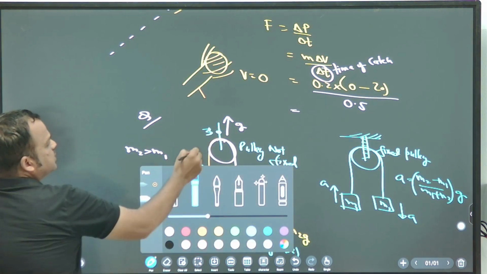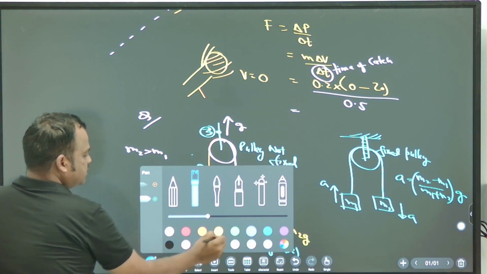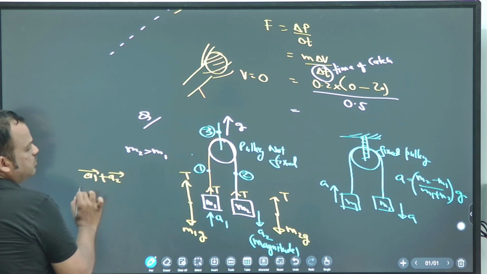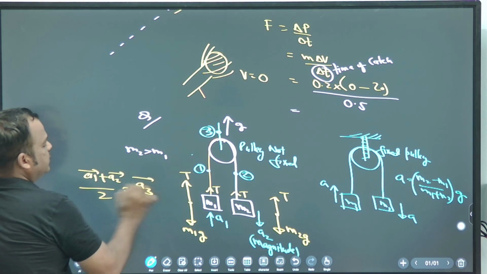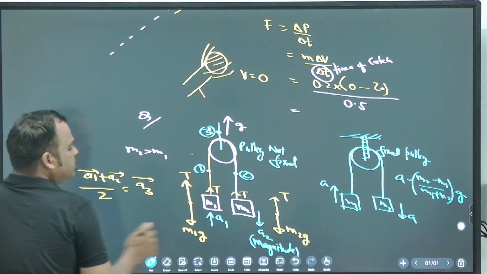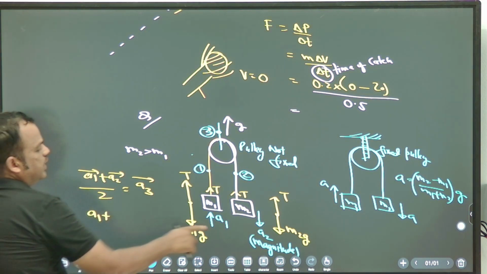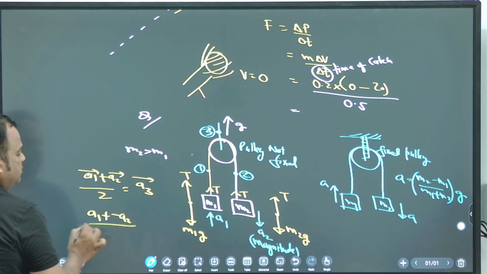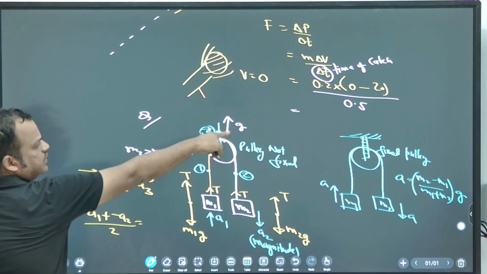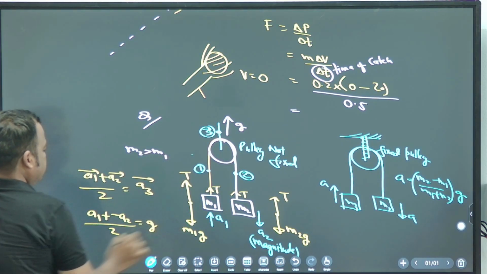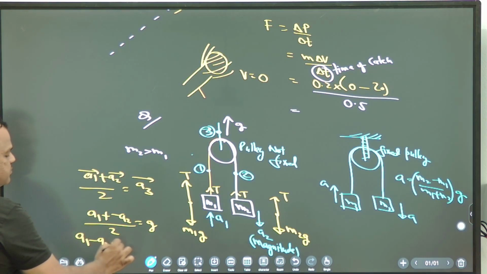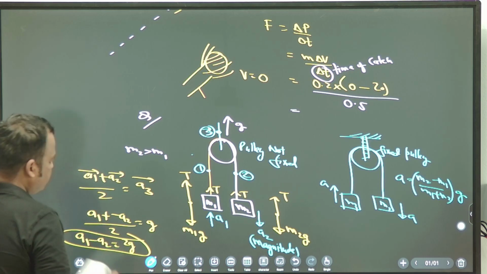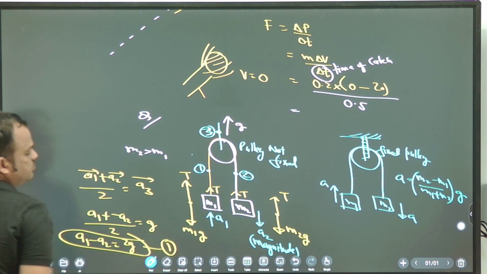So, what is the relation between accelerations? (a1 vector plus a2 vector) by 2 is equal to a3 vector. Now, a1 vector is a1, a2 vector is minus a2, these are magnitudes, by 2 is equal to a3, and a3 is g. So, a1 minus a2 is equal to 2g. Okay. So, this is one equation.